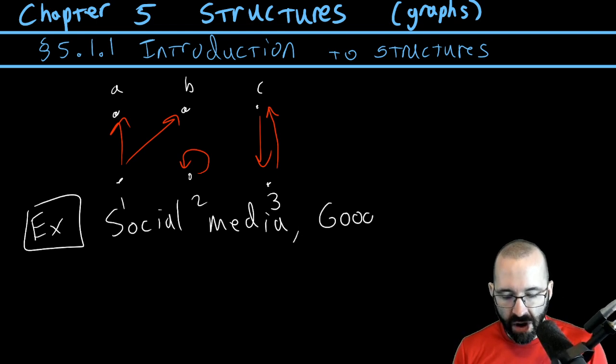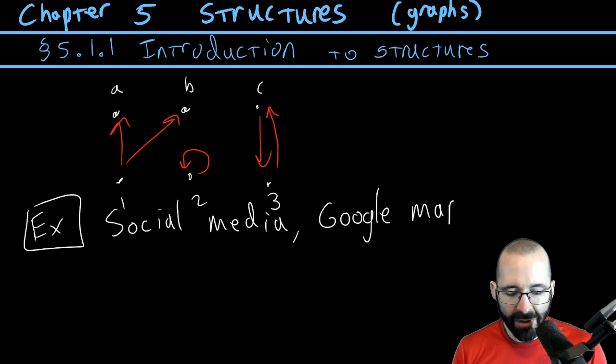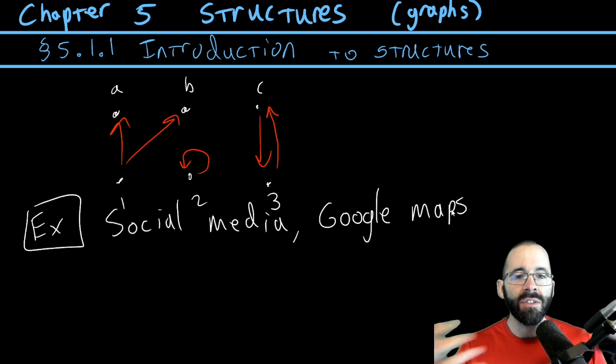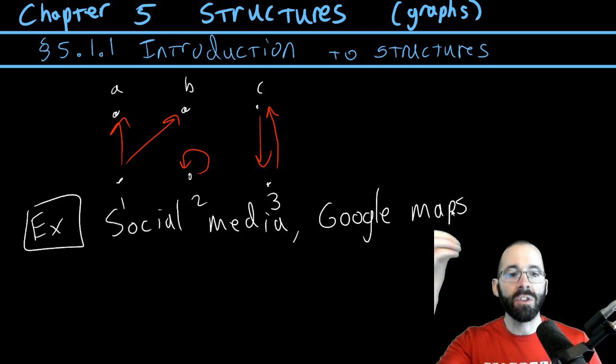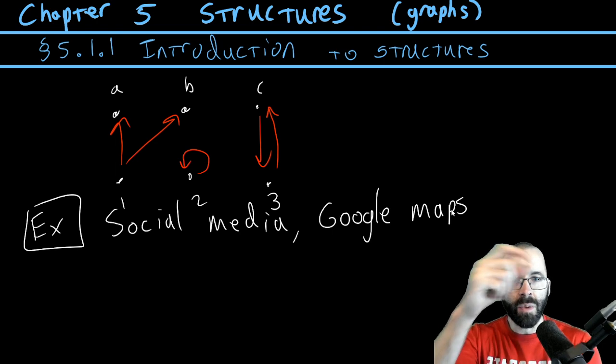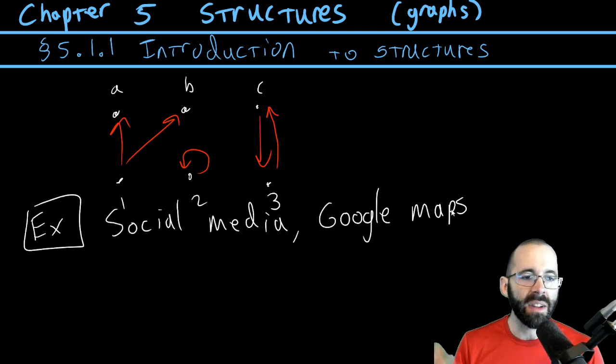So that would be a good digraph. If we thought of Google Maps. The author of our textbook keeps bringing up MapQuest. I don't know anyone under the age of 60 who uses MapQuest, but maybe you do. Power to you, right? We could think of a bunch of vertices, a bunch of nodes as different places you might want to go, right? And then we could connect them. This would probably not be a digraph.